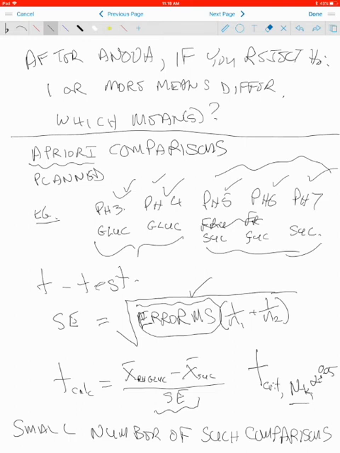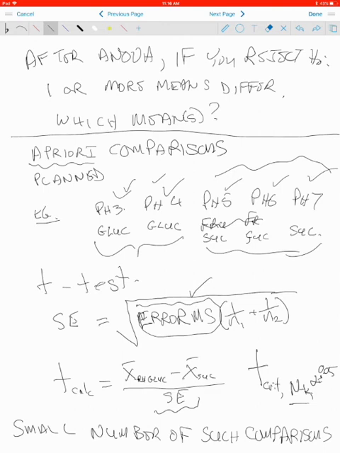It might be possible to do those as a separate a priori comparison as well, but there are some things that need to be checked, some calculations that need to be done to ensure that you can do that comparison. So I won't elaborate on how many and which comparisons you can do. That's left for beyond this course, but you can read up. It's not that challenging to do. There are other texts that deal with that, so we're not going to deal with that for this course.